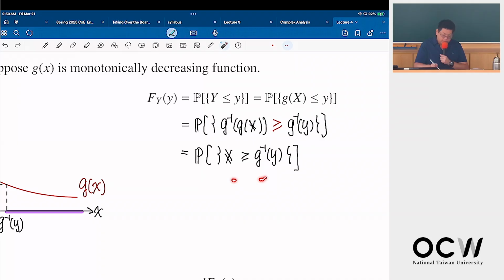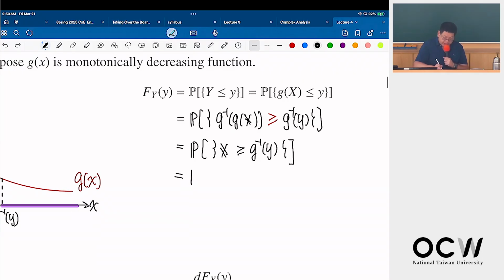So how do I make this expression into the CDF? From the probability axiom, the probability of your random variable x greater than some point is equal to 1 minus the probability of x less than or equal to that point.